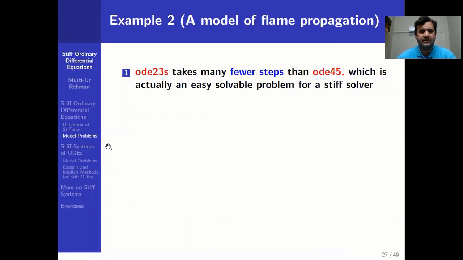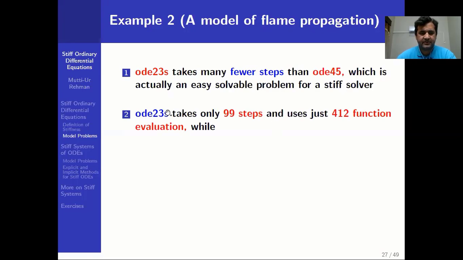So we can say something more about ODE 23S and ODE 45 in comparison, because you see that ODE 23S takes fewer steps compared to ODE 45 in order to solve your problem.